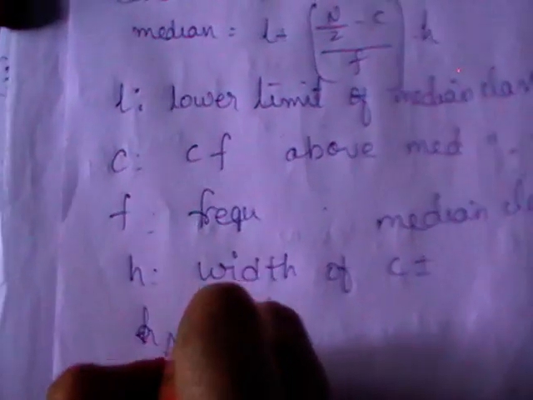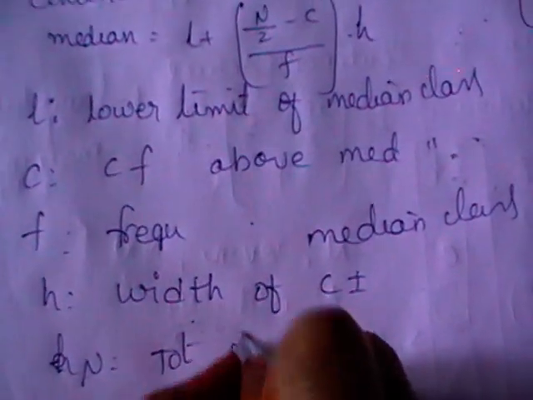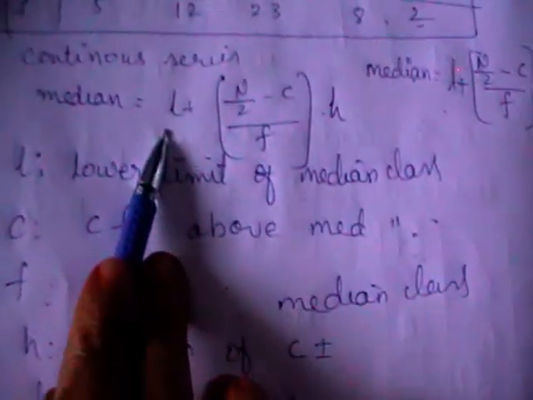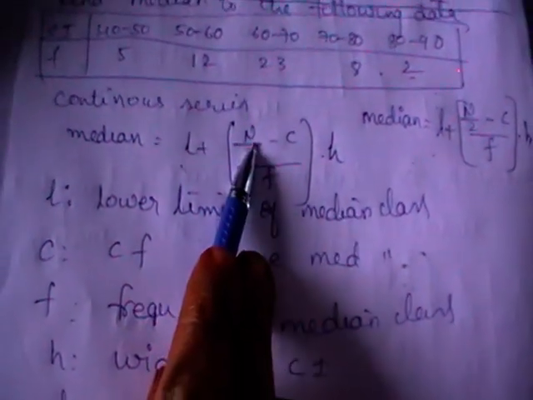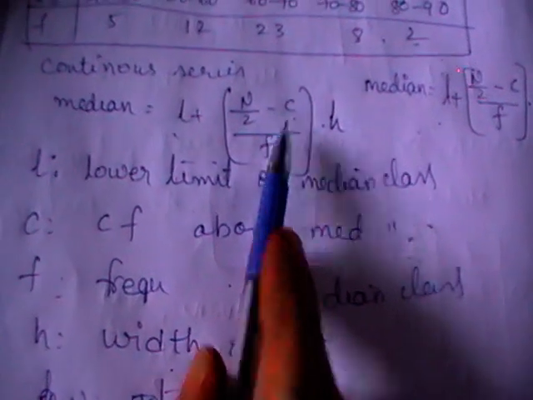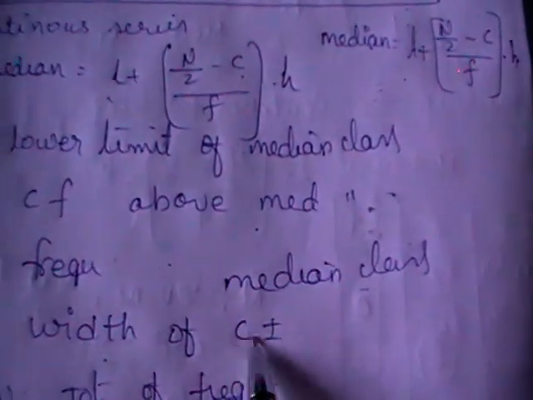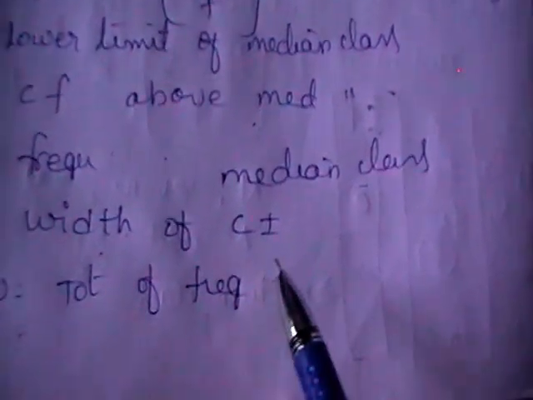N is nothing but the total of frequencies. Whenever you write a formula, you should identify all the terms involved in it. So L is the lower limit of the median class, C is the CF above the median class, F is the frequency of the median class, H is the width of the class interval, and N is the total of frequencies.